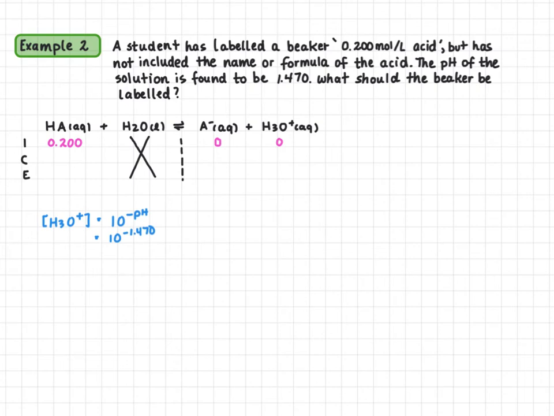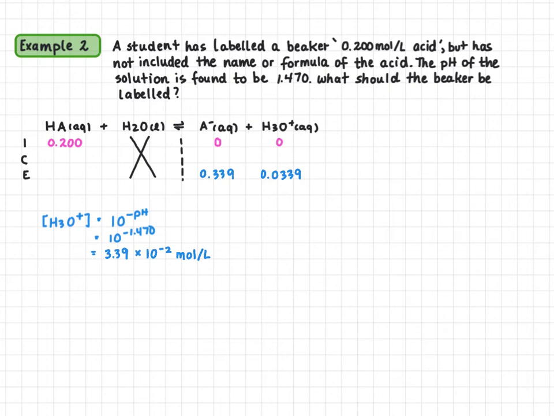That's going to equal 3.39, keeping our 3 sig digs, times 10 to the negative 2 moles per liter. We can fill that into our table. We have 0.0339 as the equilibrium concentration of hydronium, and therefore also of our conjugate base.